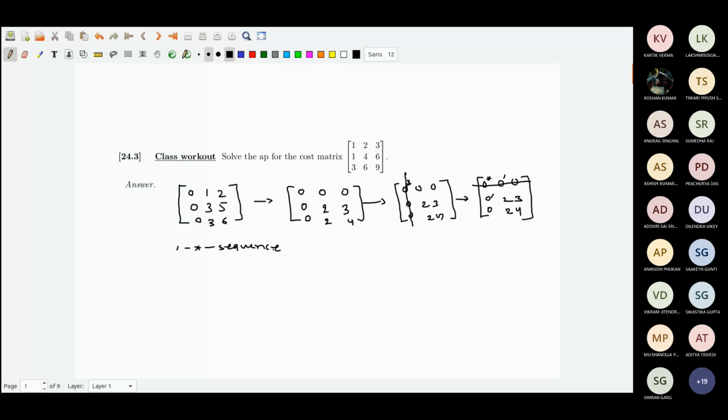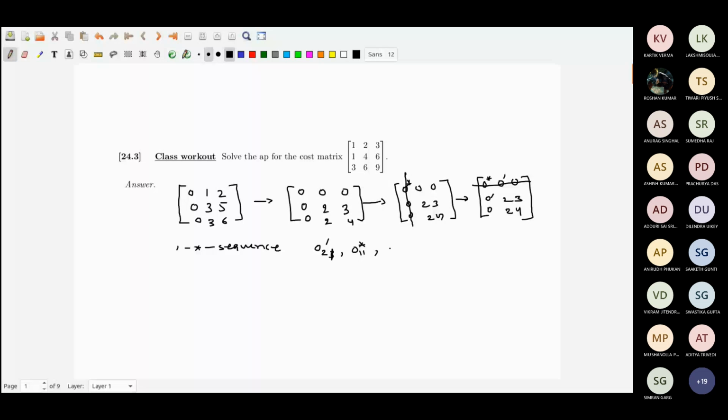And that will be 0 to 1 prime, then 0, 1, 1 star, then 0, 1, 2 prime. So this is the star prime sequence.